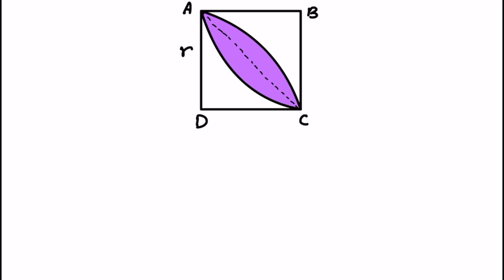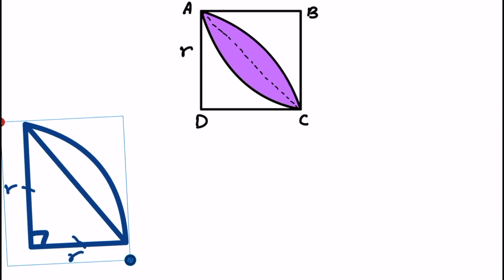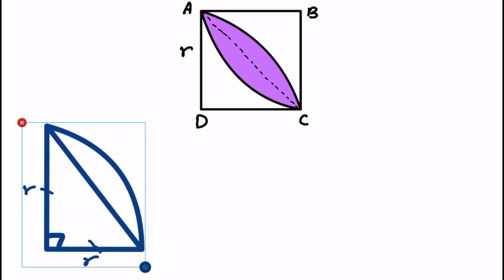To show it better, I'm going to draw it outside of the figure, and you can see here that the sides of this right triangle are r. They're also the radius of this quarter circle, and because we have 90 degrees here, I know that this is a quarter circle.